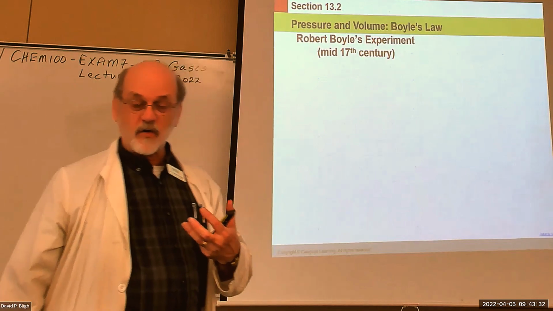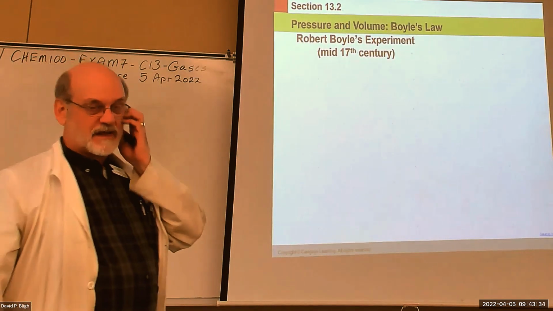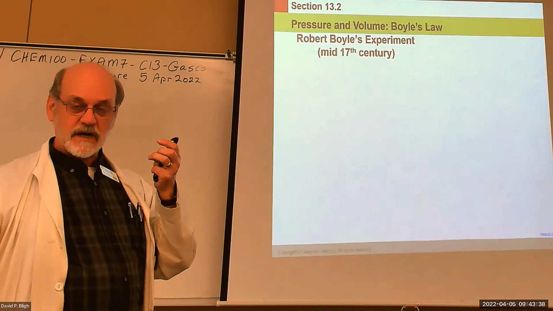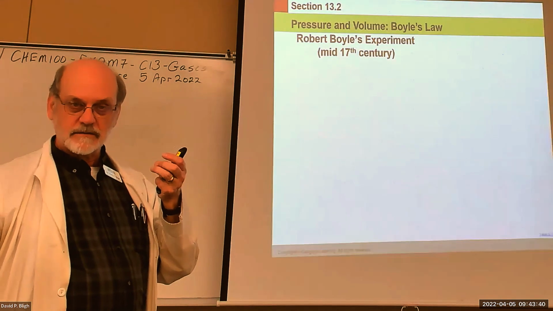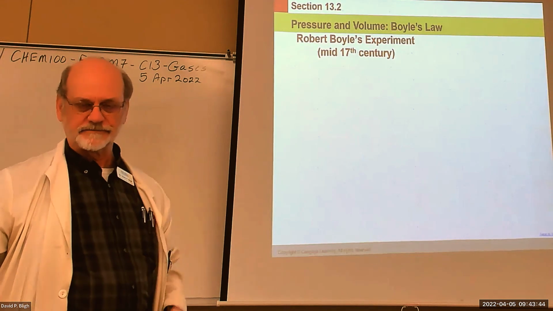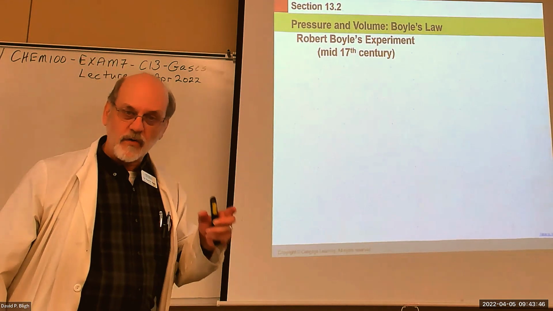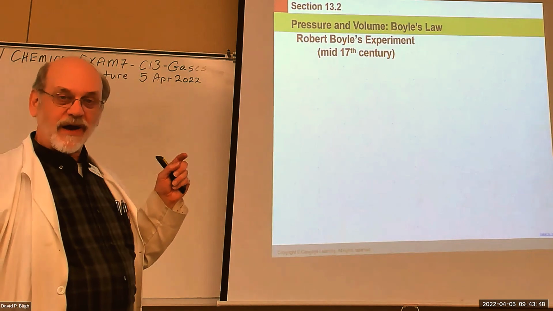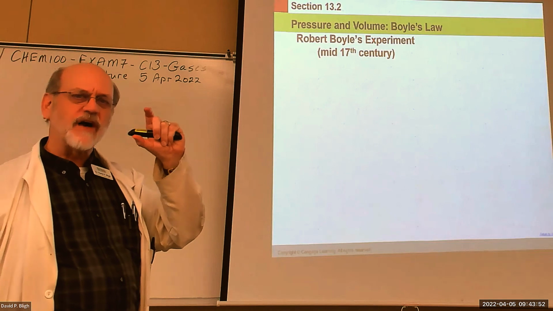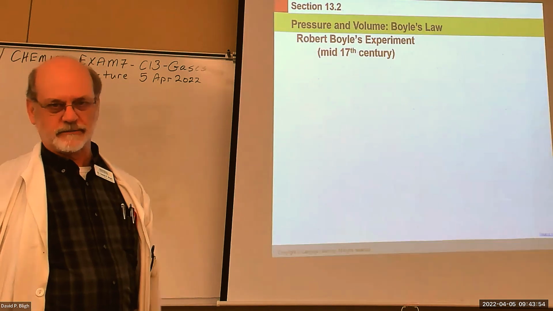So Robert Boyle got hold of it and said, aha, now I know that I can measure pressure, the pressure of a gas confined in some vessel. What I want to know is, in that confined gas, what happens to its volume if I change the pressure?